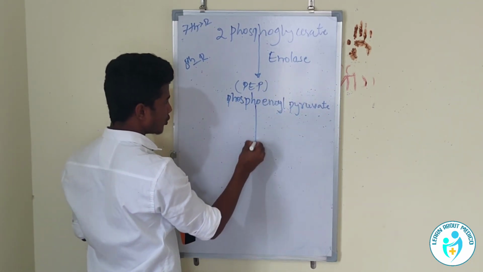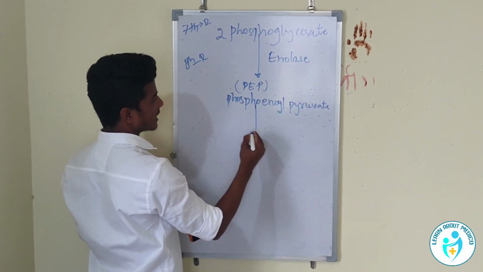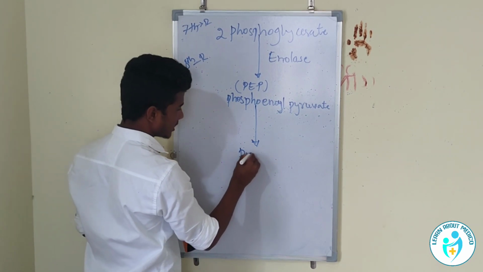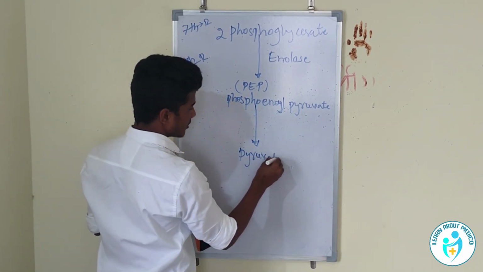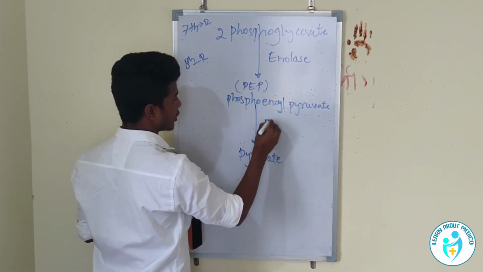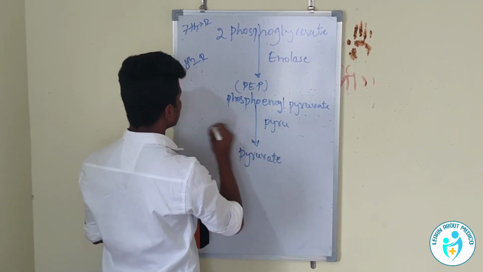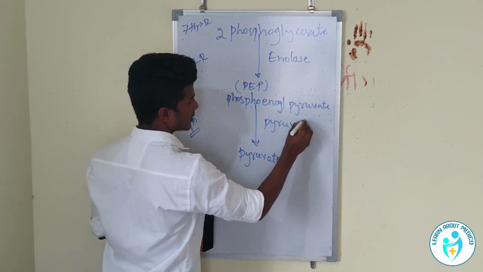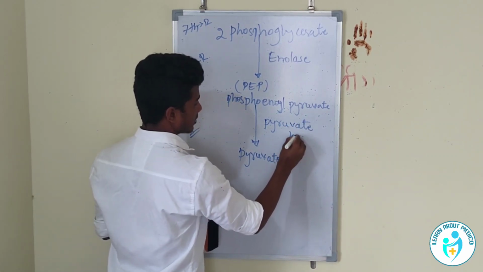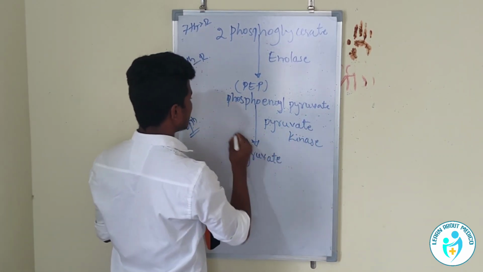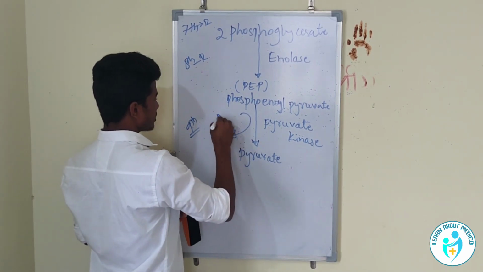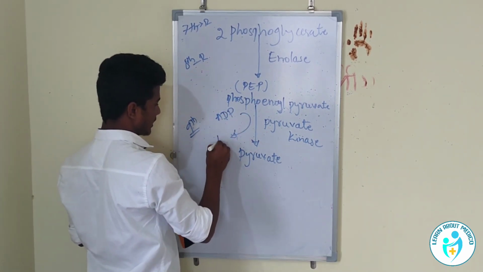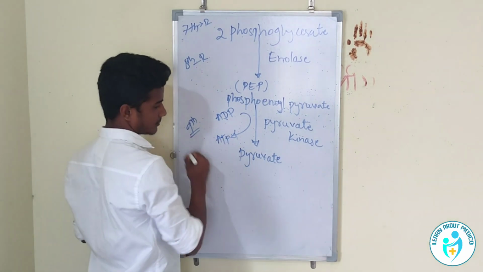Again, this phosphoenolpyruvate gets converted into pyruvate with the help of the enzyme pyruvate kinase. This is the ninth step. Here also ADP gets converted into ATP.